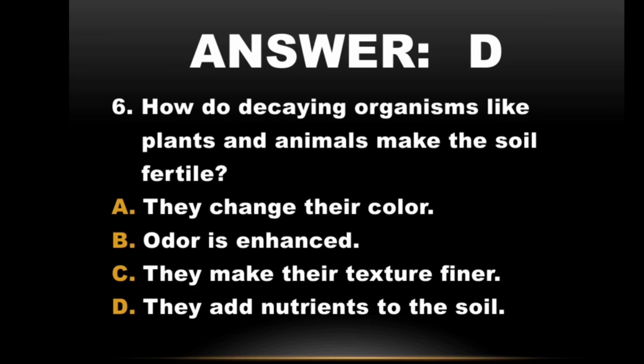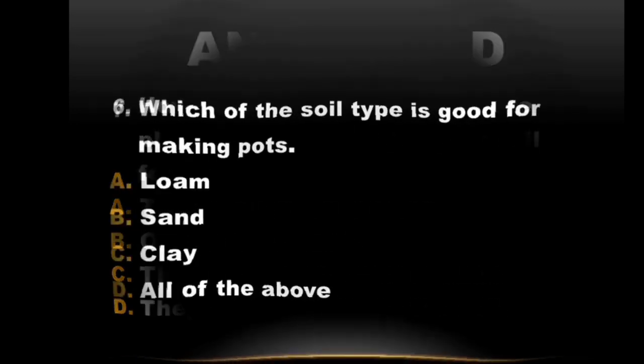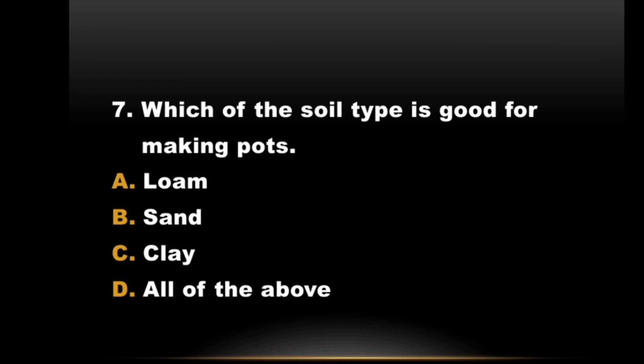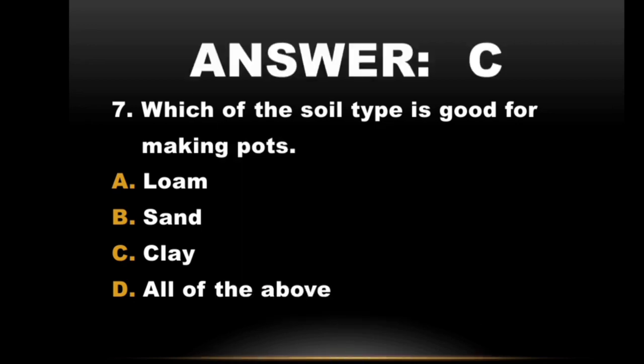The correct answer is letter D. Number 7. Which of the soil type is good for making pots? A. Loam, B. Sand, C. Clay, D. All of the above. The correct answer is letter C.